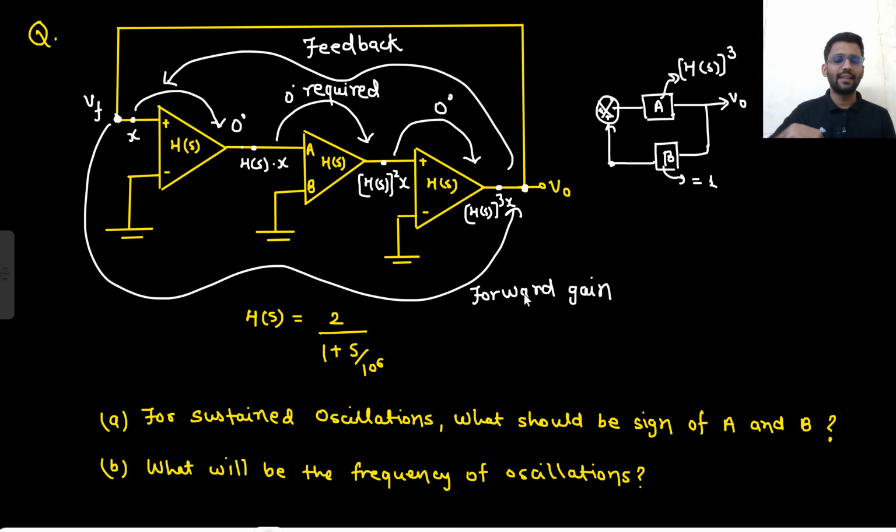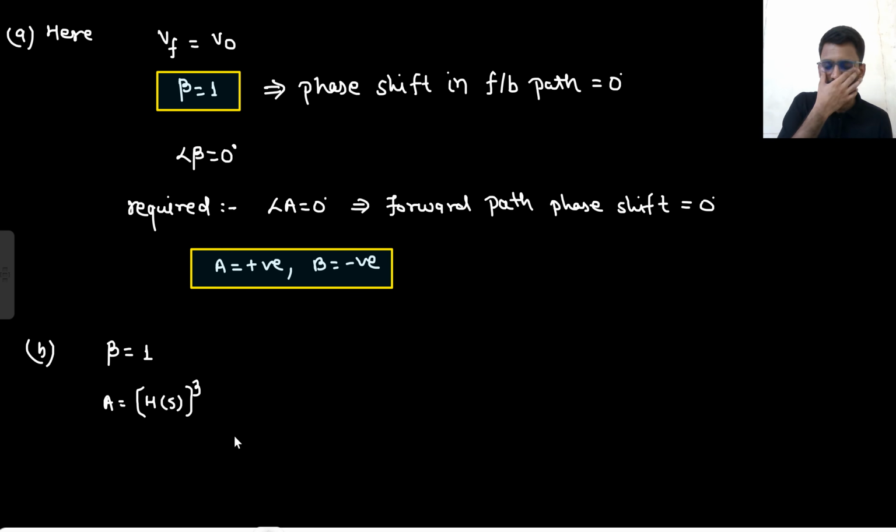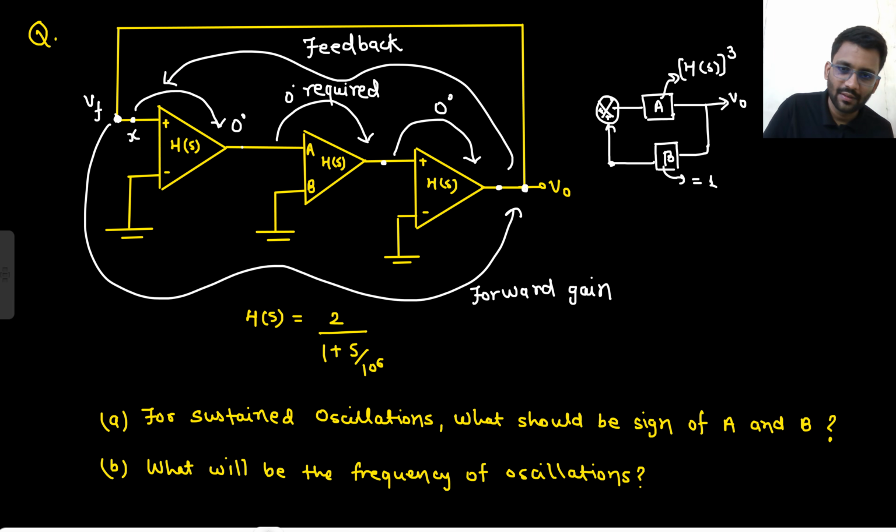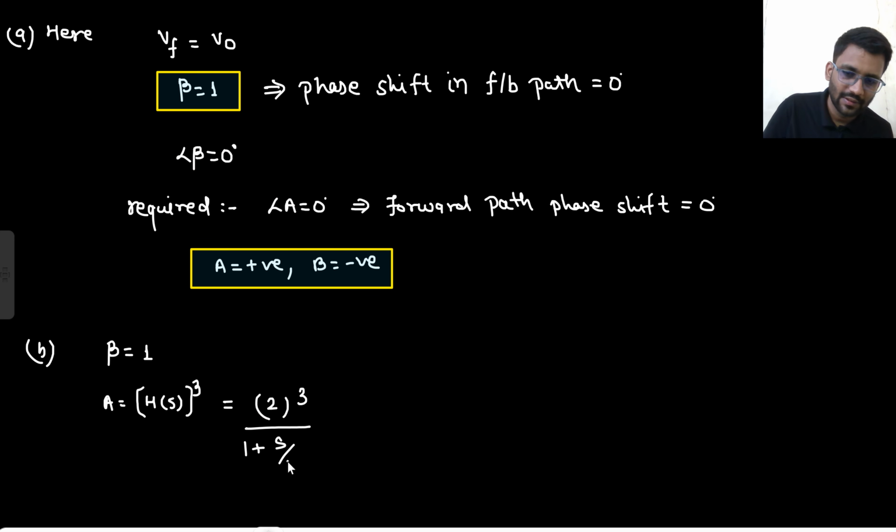These arrows I am putting as it is. This I can remove. This is my forward gain, H of S whole cube. So what can I write? 2 to the power 3 divided by 1 plus S by 10 to the power 6 omega cube, right?